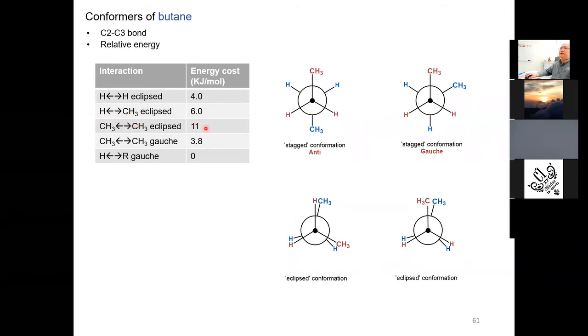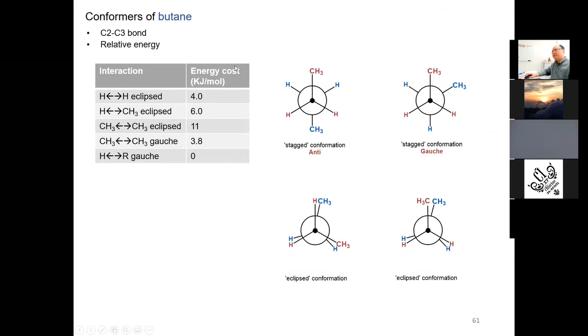Methyl-methyl is even higher, 11 kilojoules per mole, because they are bigger. And the methyl gauche, like 60 degrees apart, is 3.8. But you need to notice that for hydrogen, if it is gauche, 60 degrees with any other substituent, we assume the energy cost is 0. So when you do the calculation, you don't need to consider the gauche interaction between any hydrogens and substituents.